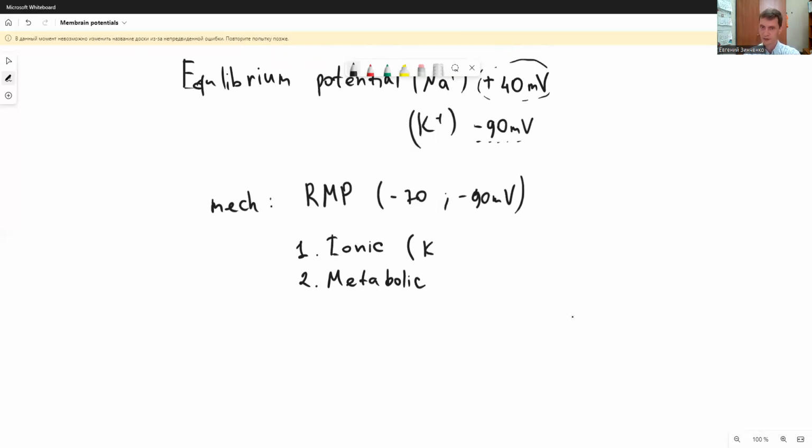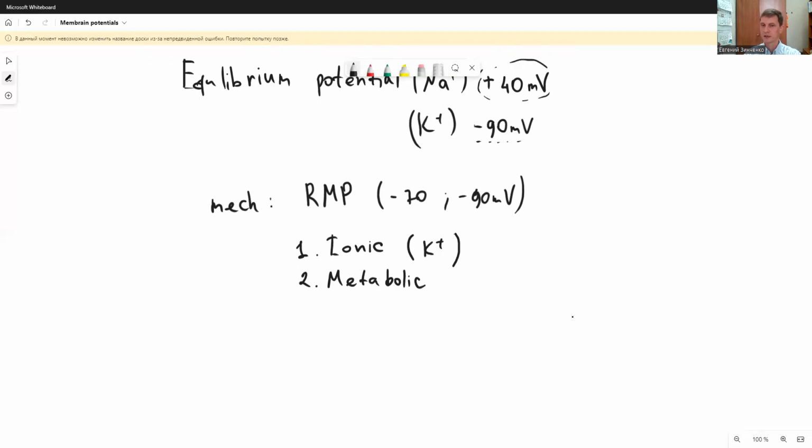As we know, only K plus ions can pass through the cellular membrane because of the presence of non-gating ion channels for K plus that can selectively pass only K plus. That's why the diffusion potential that's created in the process of this diffusion will make a negative charge on the membrane.